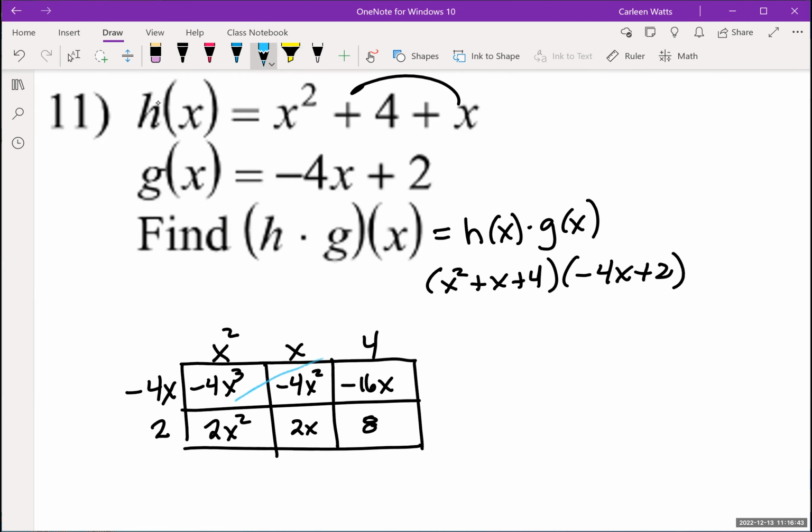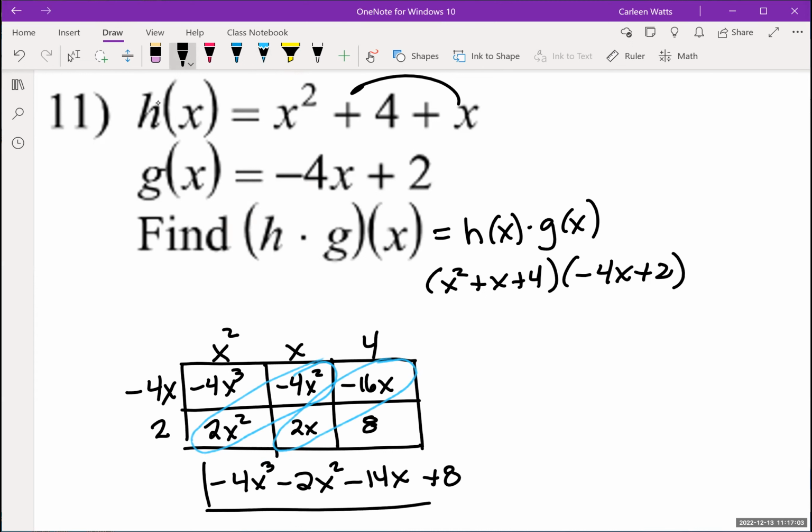Add. We're going to combine like terms. So you're going to get negative 4x cubed. Negative 4 plus 2 is negative 2x squared. Negative 16 and 2 is negative 14x plus 8. Not bad. Okay, so that's when we have a dot. Now, it's a lot of algebra, a lot of arithmetic, because you have a lot of terms.